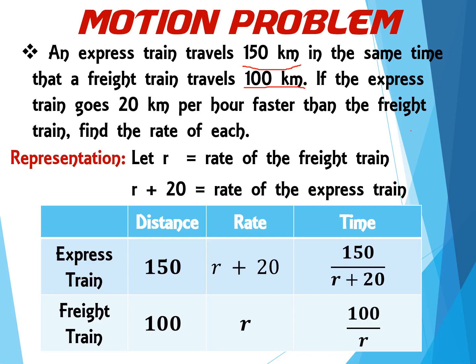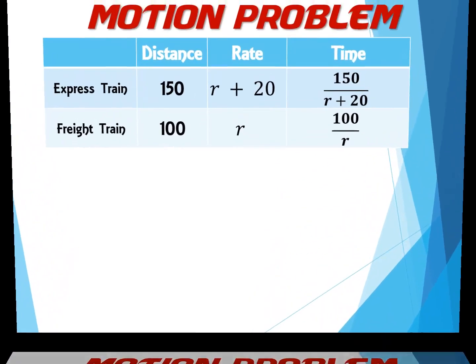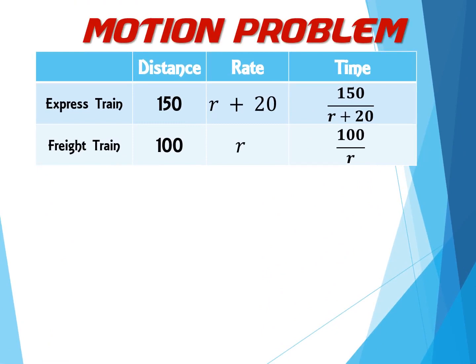To have the equation, since they travel the same time, we will simply equate these two. So that is simply 150 over R plus 20 is equal to 100 over R. Solving for this, we can use the LCD R plus 20 and R, but we can also do cross multiplication.